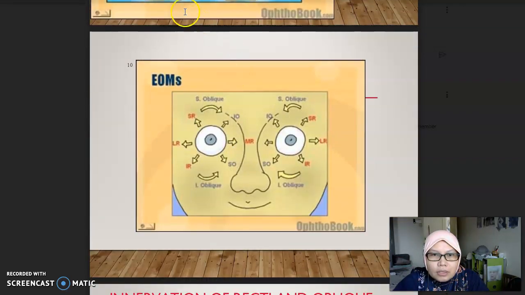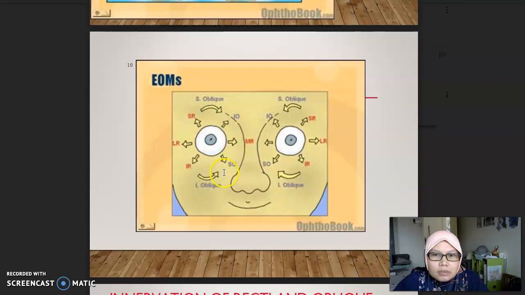Okay, so you can see this chart, which is very important, of the extraocular muscles. This is the superior rectus, inferior oblique, medial rectus, superior oblique, inferior rectus, and lateral rectus. Right? Superior oblique, intorsion.